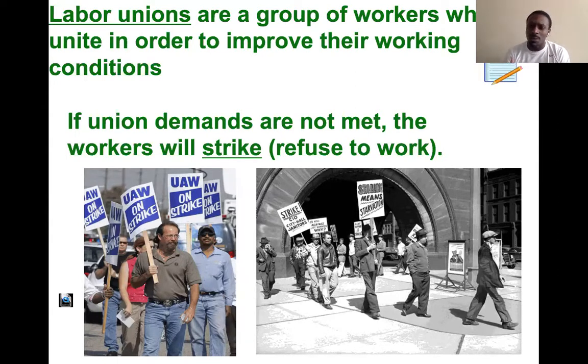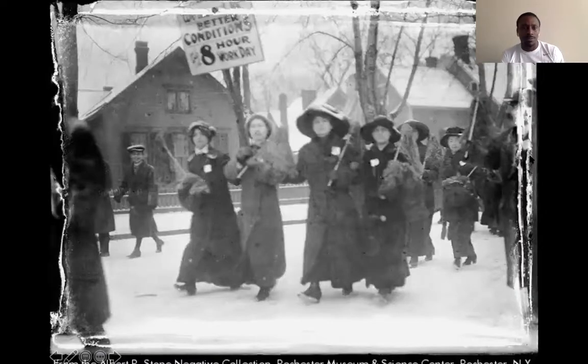But the thought was, if all of us stop working, yeah, we're missing checks, but our company is not being productive. Hence, they should probably meet our demands, and then we can get back to work, and our company can start producing goods and making money again. And hopefully, this thought would influence factory owners into meeting the demands of the strikers.